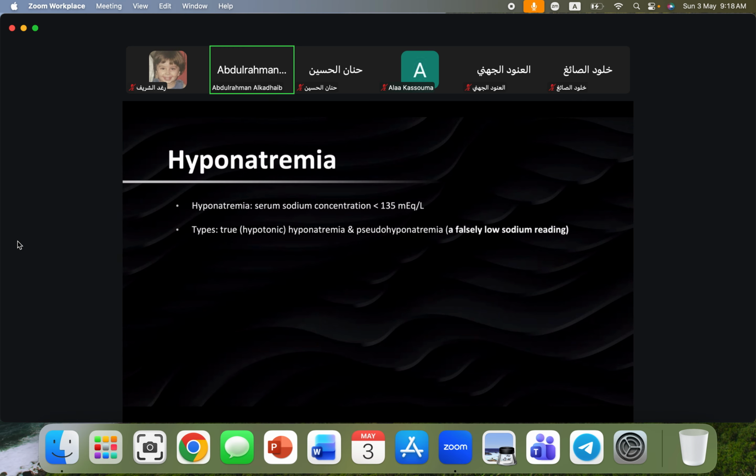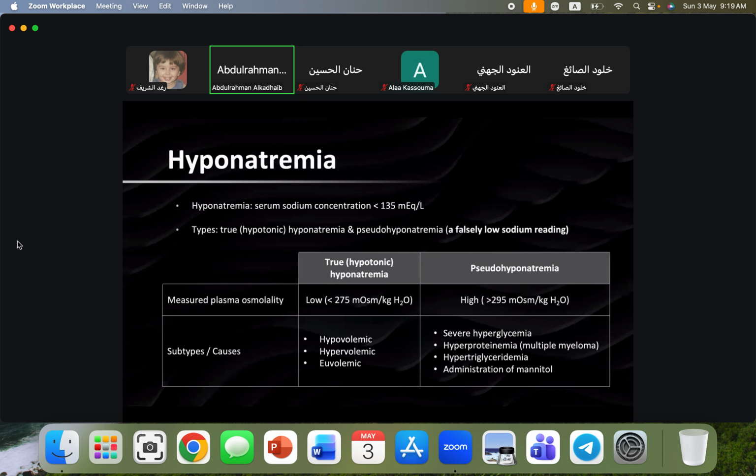What we mean by the osmolality is basically the measurement of the dissolved particles in the volume. And as you said, the sodium contributes the most to the osmolality. That's why in true hyponatremia, we're expecting the osmolality to be low, or we're expecting the patient to be hypotonic. So this is the main difference between the two main types.